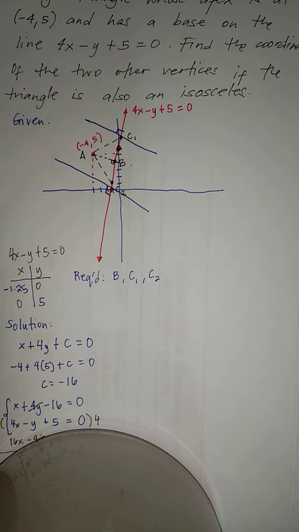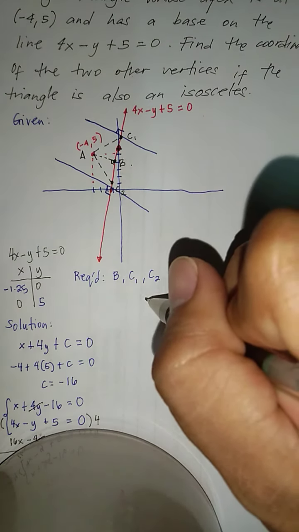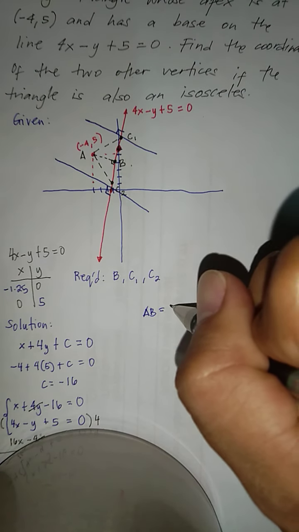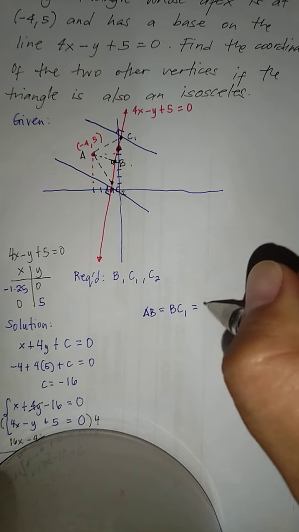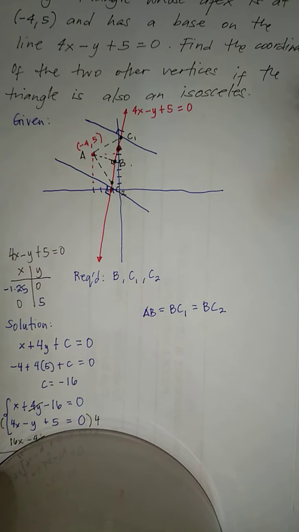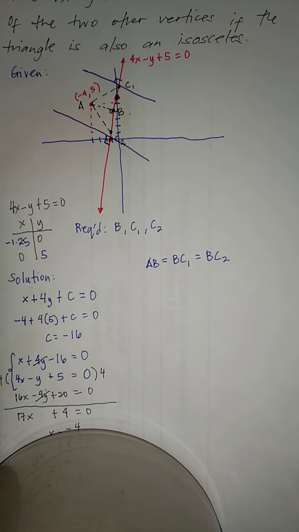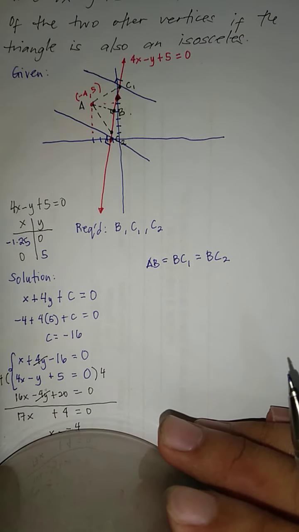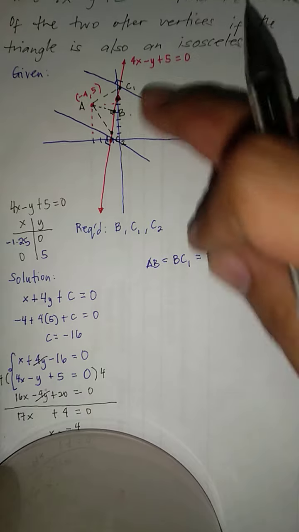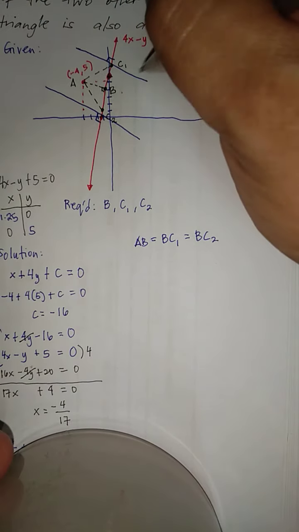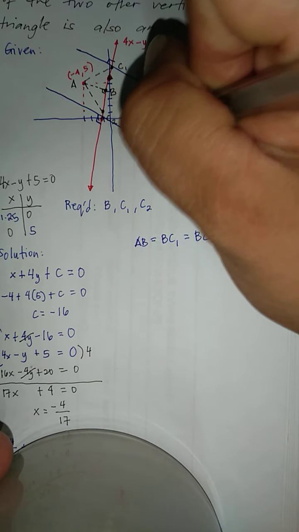So let's just be clear about that. We say that AB is equivalent to BC1 and it's also equal to BC2. We need to be clear with that information so that we will be able to get the equation of these two lines, which pass through here.